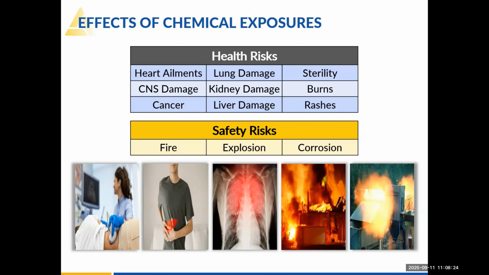Related to safety data sheets, depending on what chemicals or toxic and hazardous substances you have at your place of business, you are going to recognize that there might be some health hazards that come along with some of those products. Health hazards mentioned in section 2 of the safety data sheet could be things like lung damage, kidney damage, toxic and hazardous tissue damage, sterility. Sometimes it's rashes and burns, cancer causers, the list goes on.